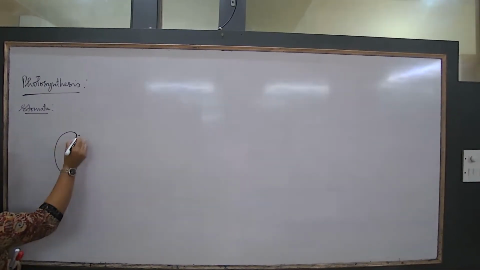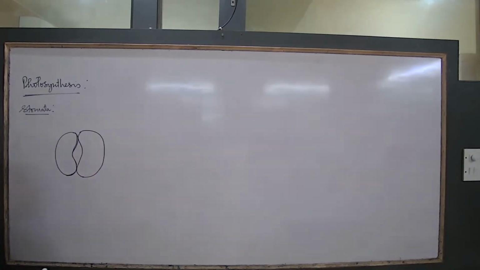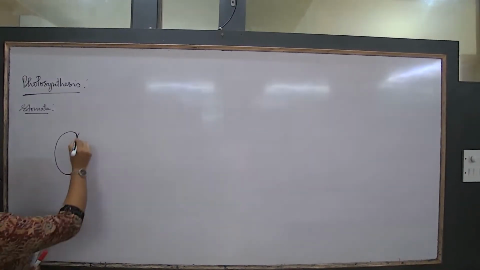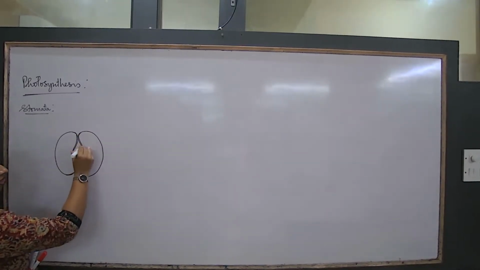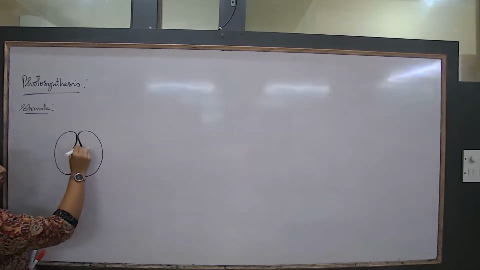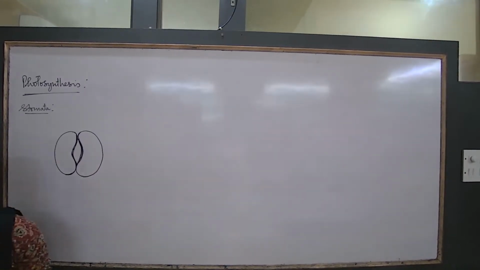Write down. Stomata are minute pores on the undersurface or lower surface of a leaf. They play a major role in, this you can also write as a function.